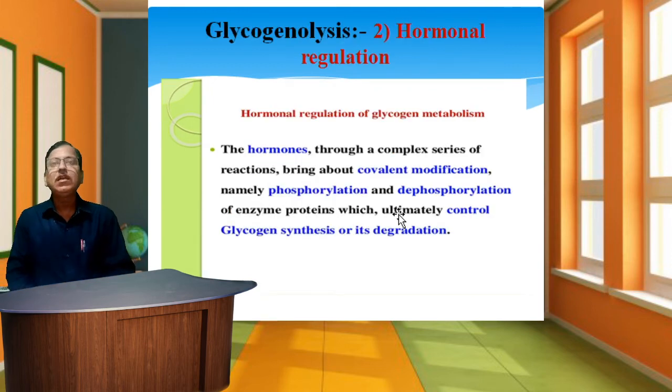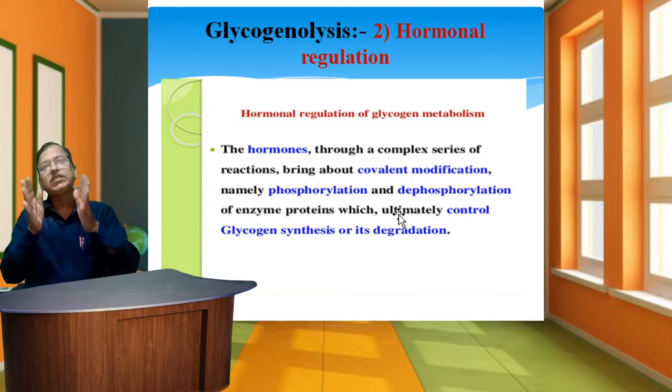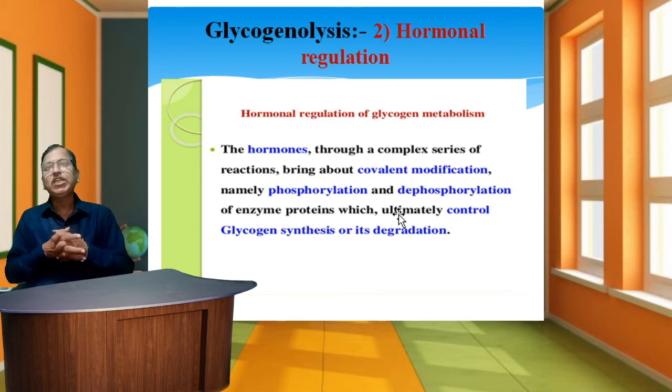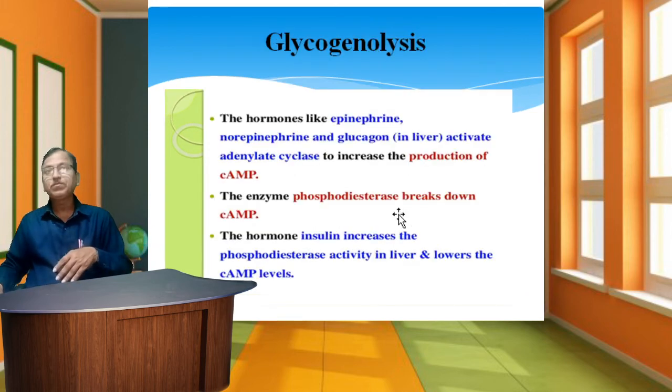The second is hormonal regulation, in which hormones play an important role. Through a complex series of reactions, hormones bring about covalent modification, namely phosphorylation and dephosphorylation of enzyme proteins, which ultimately controls glycogen synthesis or its degradation.